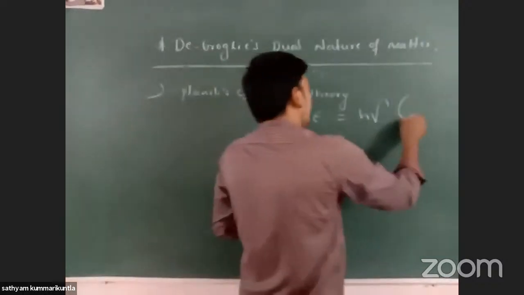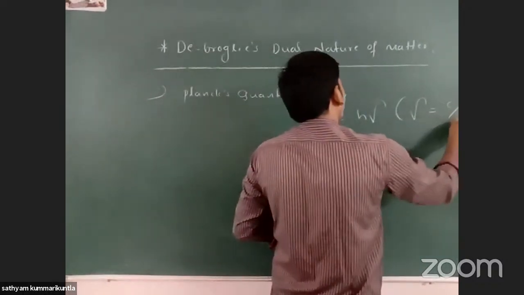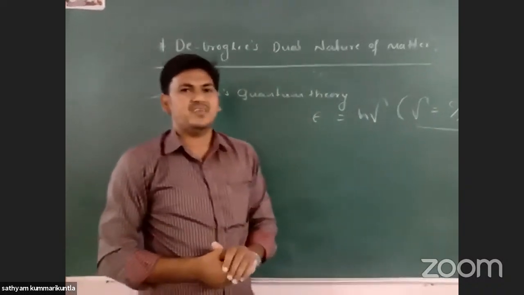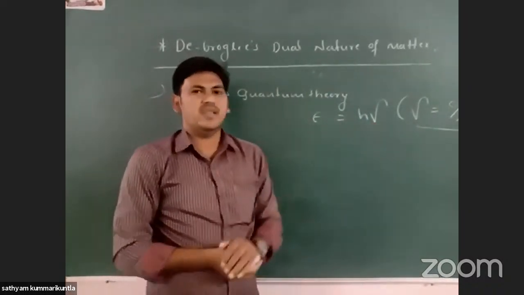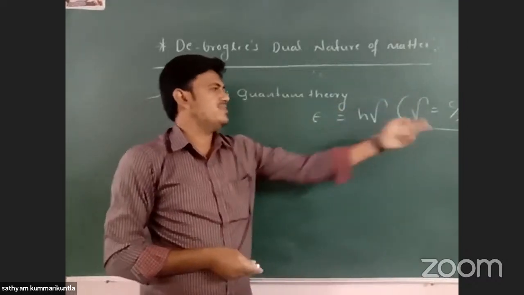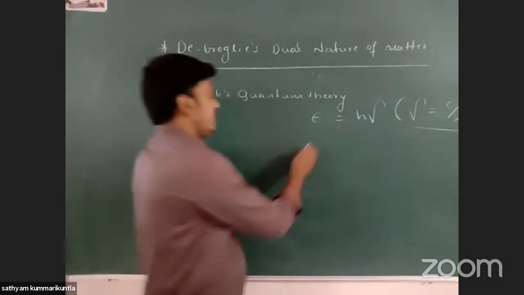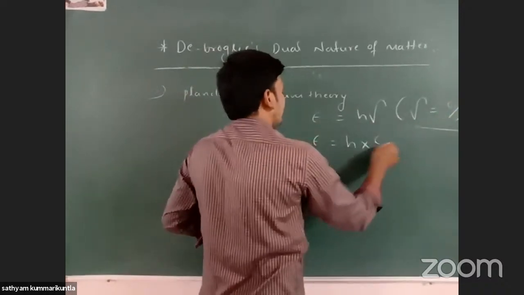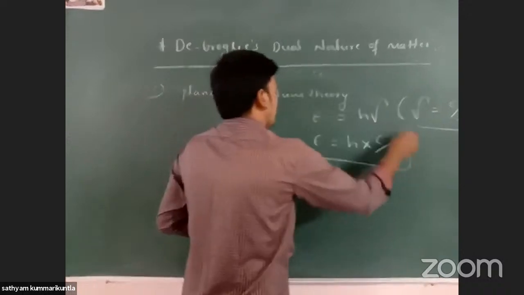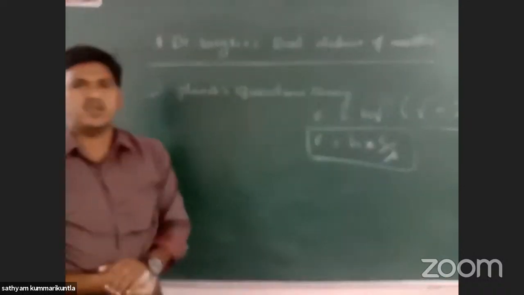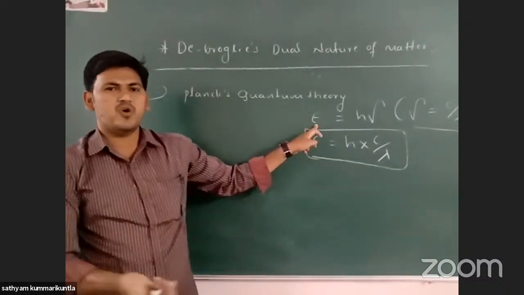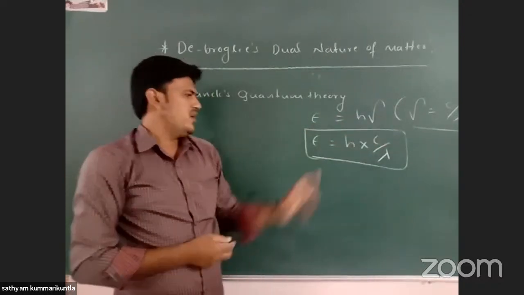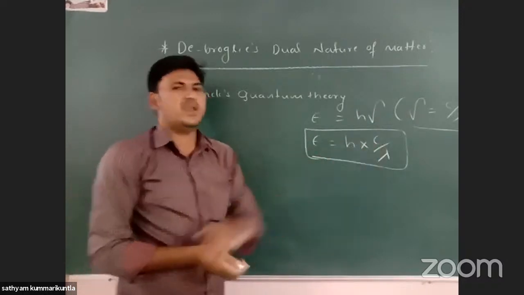But frequency nu is equal to c by lambda, where c is the velocity of light and lambda is wavelength. So E is equal to h into c by lambda.